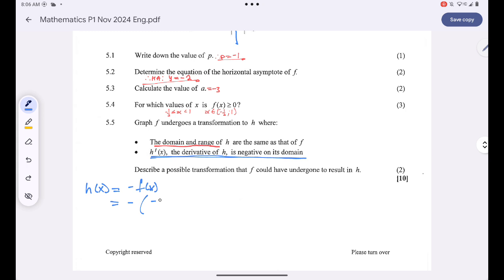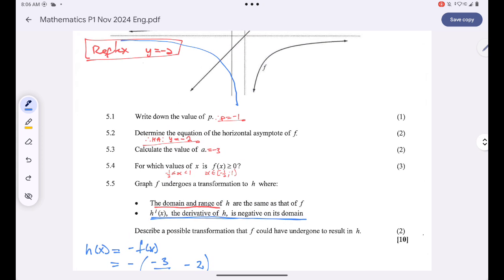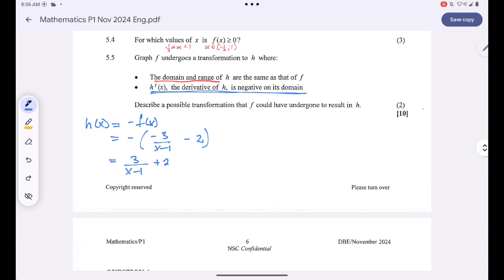So that's negative. Remember, we have negative 3 over x minus 1. Still have a negative 2 over there. And then there's just positive 3 over x minus 1. And then there's positive 2. But remember that, guys, we're told that both the range and domain should remain the same.